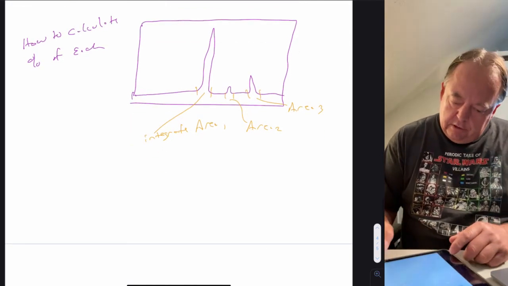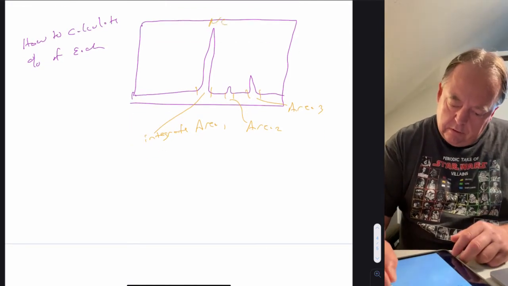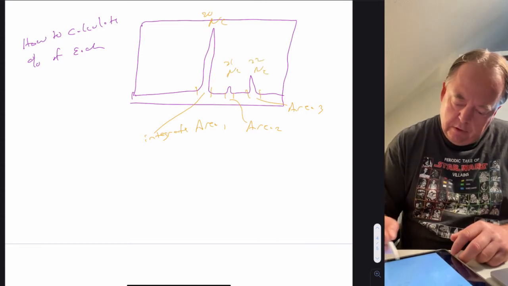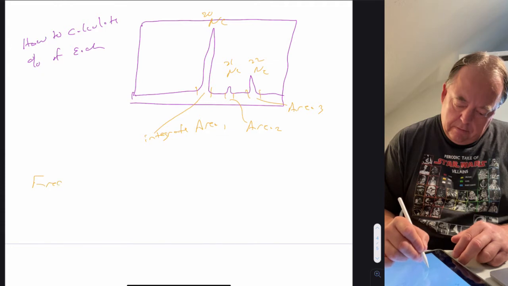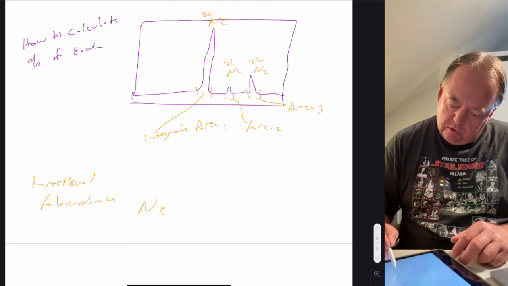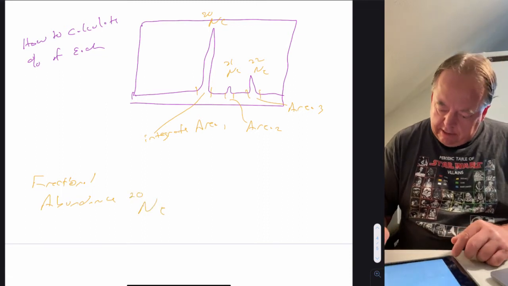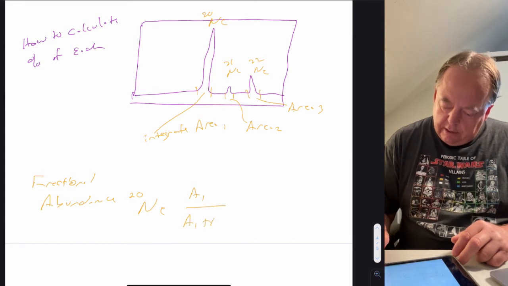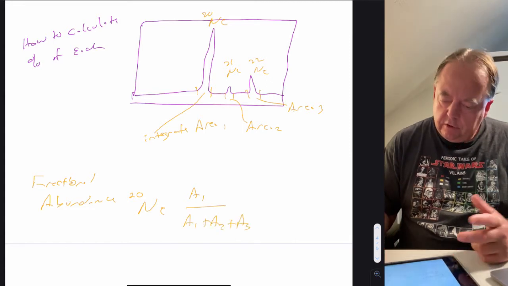So this is neon 20, neon 21, neon 22. The fractional abundance of neon 20 can be calculated by taking area 1 divided by area 1 plus area 2 plus area 3, the total area.